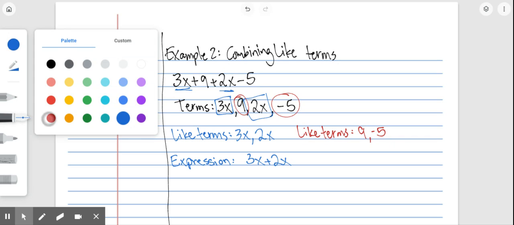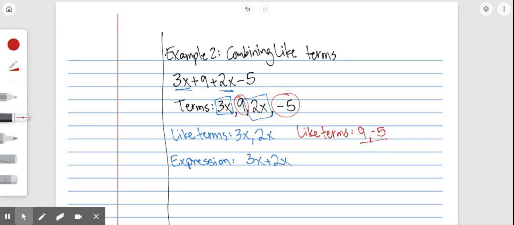And then my other like terms, which are 9 and negative 5, I'm going to move them next to each other, plus 9 minus 5. Because remember, if I have a negative number, it's basically just subtraction, okay? I've rewritten this expression so that my like terms are next to each other.